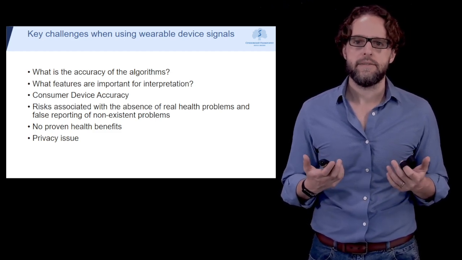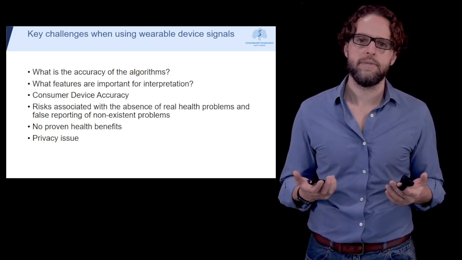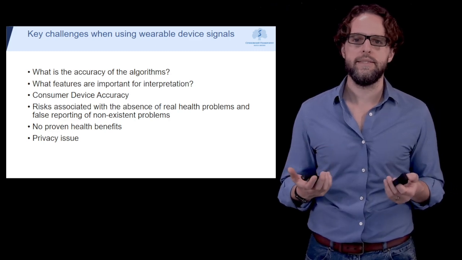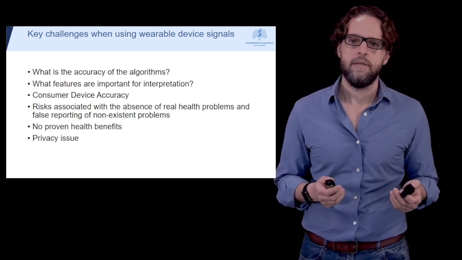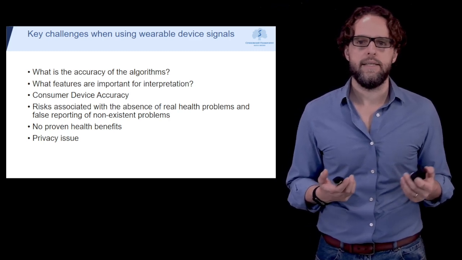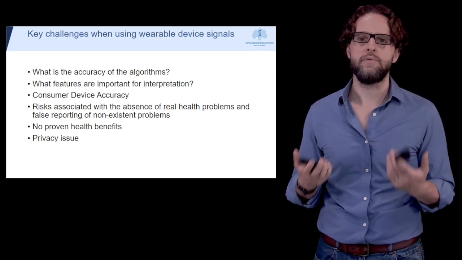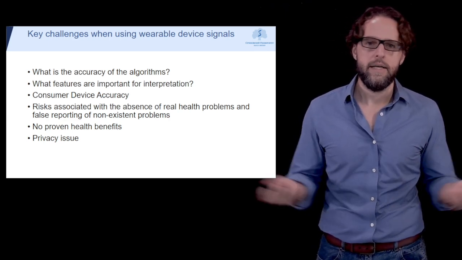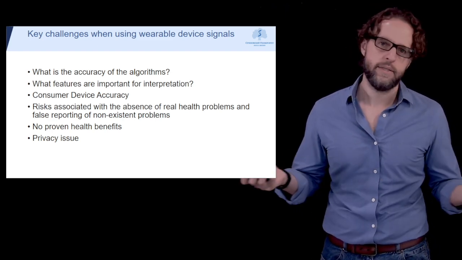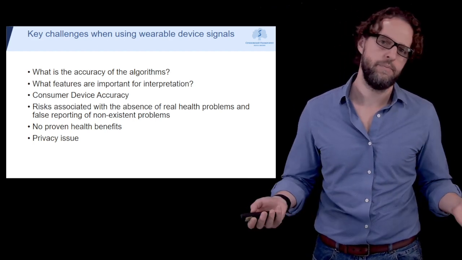There are risks associated with the absence of detection of real health problems and false reporting of non-existent problems. The true value of these devices and apps for health hasn't yet been proven. And of course, we'll have a lot of privacy issues when someone will try to connect to our device and gather our personal data.